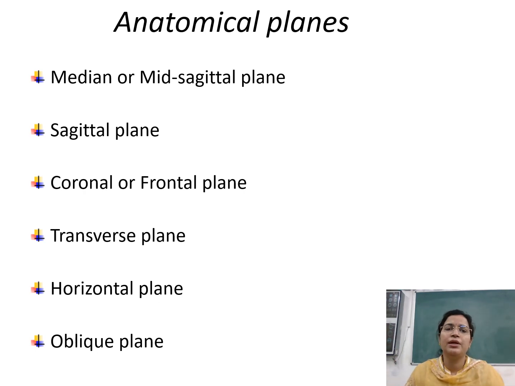So which is the median plane, and which is the mid-sagittal plane? The median plane passes through the axis of the body, through the midline of the body, equally dividing the human body into right and left equal halves. That is the median plane. It is also called the mid-sagittal plane.